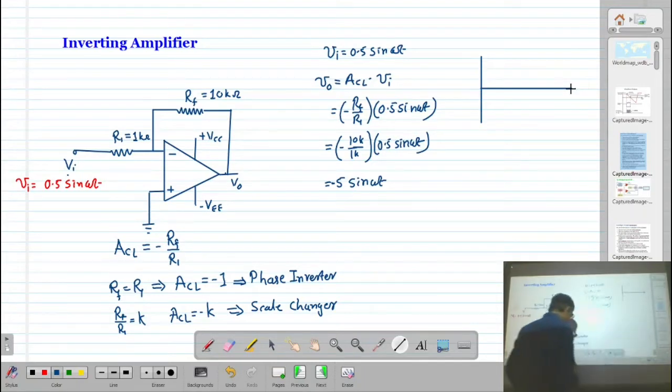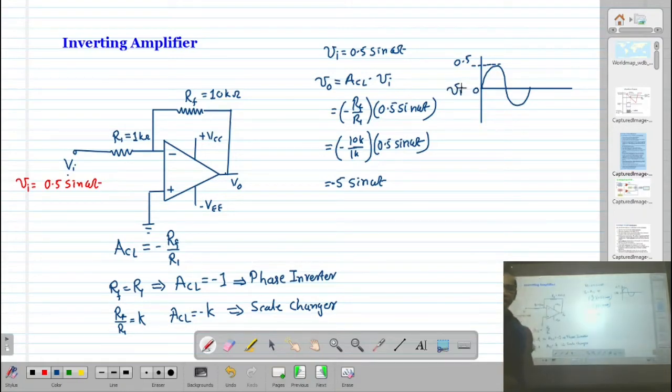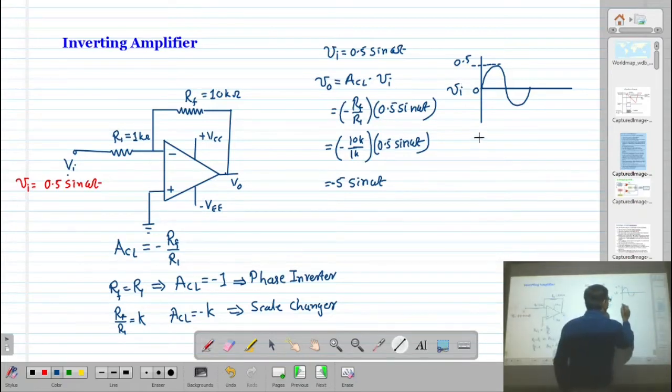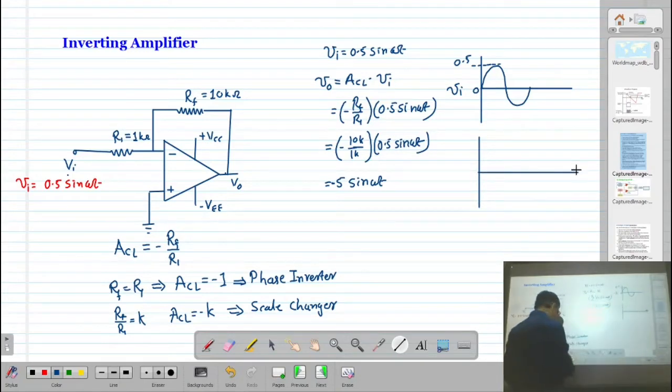My input signal is this, and the amplitude of this input signal is 0.5. This is 0, and Vi is there. If we see the output signal, then your output signal will be like this.